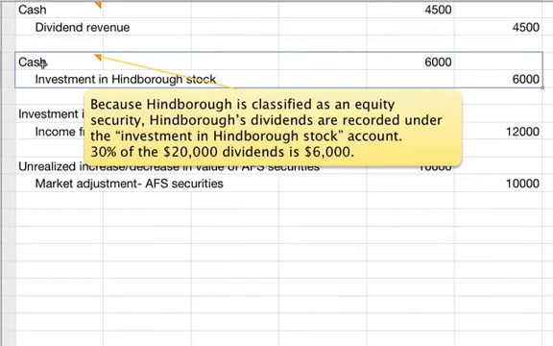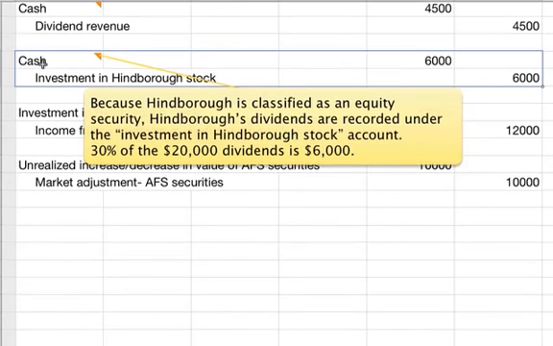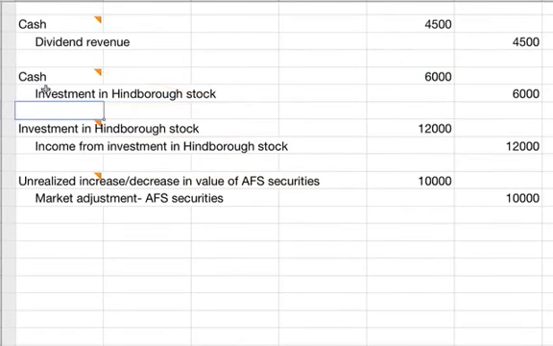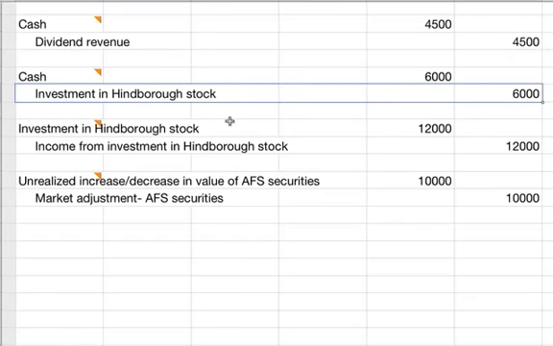This one is a little bit different. Because Hinbro is classified as an equity security, Hinbro's dividends are recorded under the investment in Hinbro stock account. And 30% of the $20,000 dividends is $6,000. What this is doing is actually lowering the investment in Hinbro stock, because Globe is accounting for this as an owner of the company.